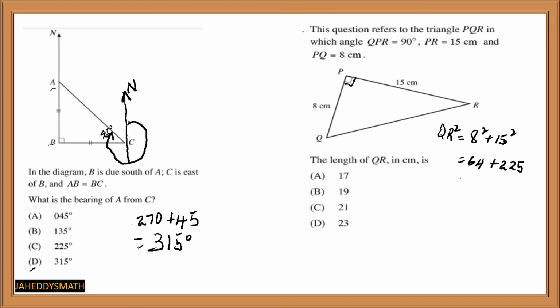We need to familiarize ourselves with these squares. They are recurring in mathematical problems. So that total gives us 289. Which again, to find QR, we need to take the square root of both sides. So we get the square root of 289.